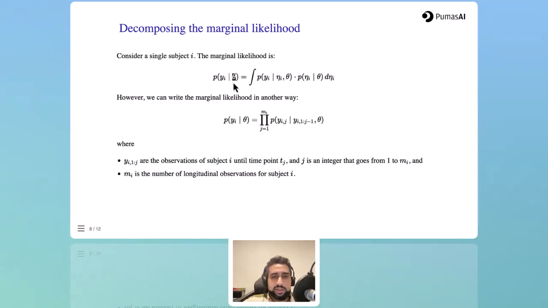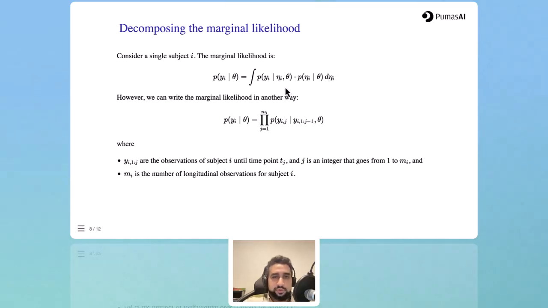This is the same quantity we had before: the conditional likelihood multiplied by the prior of this random effect, and then we integrate over a_i. That's for a specific individual i, so we're integrating over the random effect for that individual.